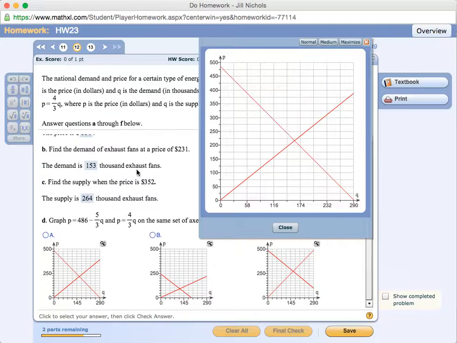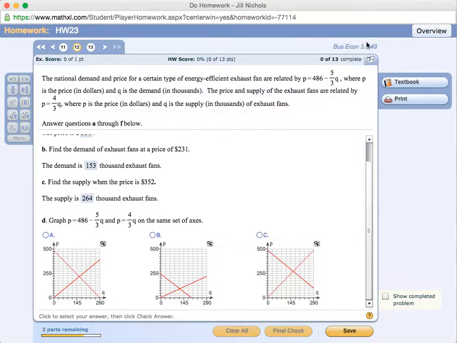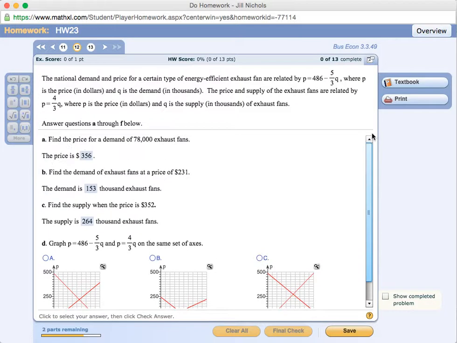And then over here, when the price is 352, that's up here. Supply should be 264. Actually, that looks a lot closer because there's 350, and we're going down. That looks like it's closer to 264. So let's go with A on this one. But my first point seems off. Let's check A, my first point. When price is 356, demand should be 78,000.